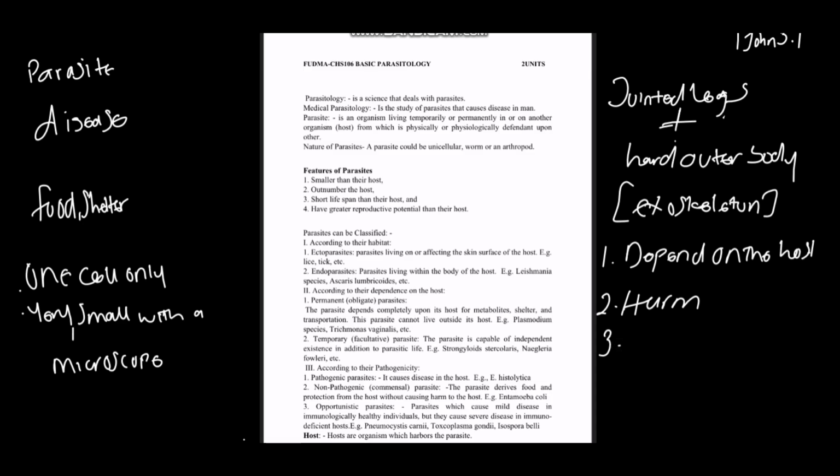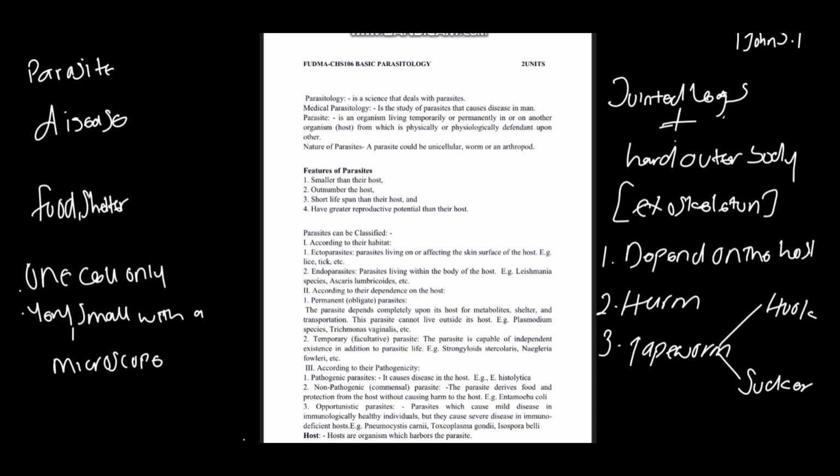Another feature of parasites is that they have special adaptations. That is, they have special adaptive features which enable them to survive and live successfully in their host. For instance, let's take tapeworm as a case study. Tapeworm has special adaptive features like the hook and the sucker, which enable it to live successfully in its environment.